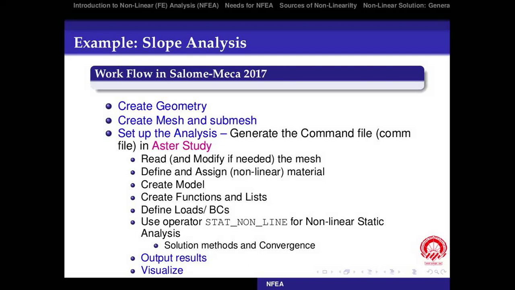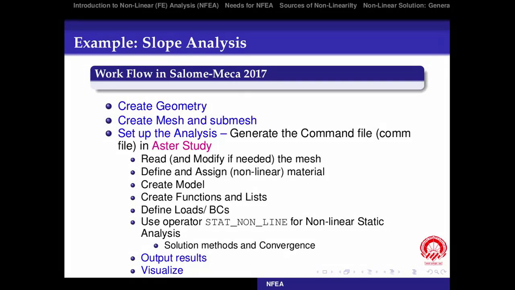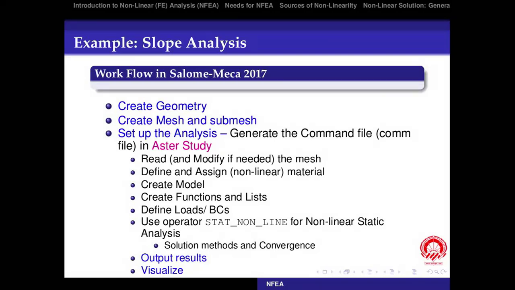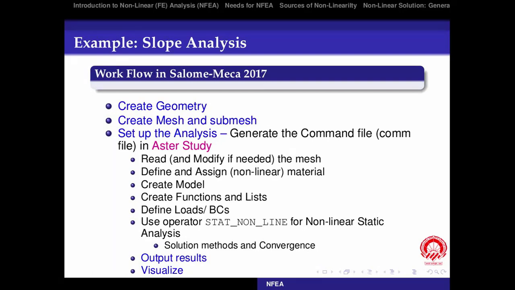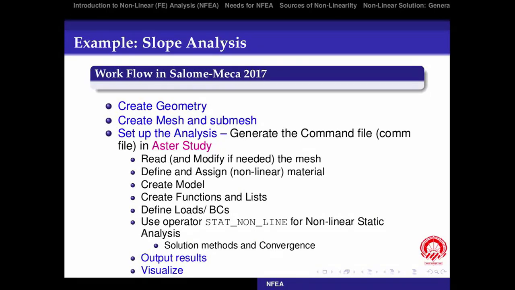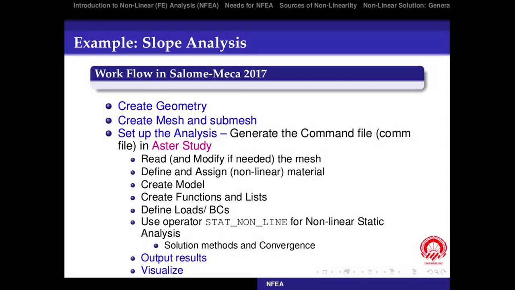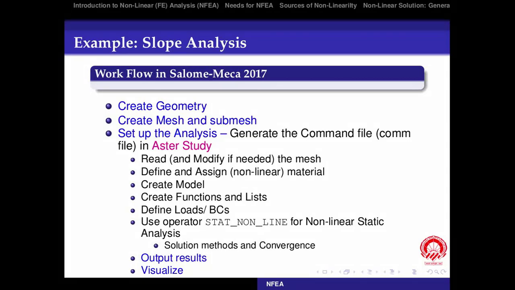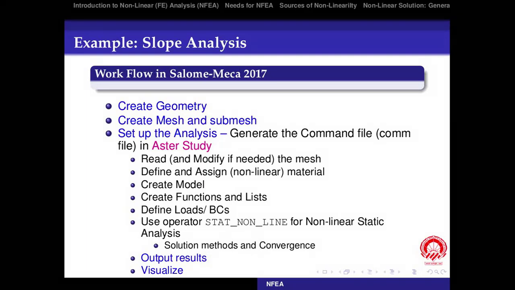The first thing we need to do is to create the geometry of the model structure which we want to analyze, and then we need to create the mesh on that geometry, and sometimes if necessary we may need to create a submesh, which is a mesh within a mesh.